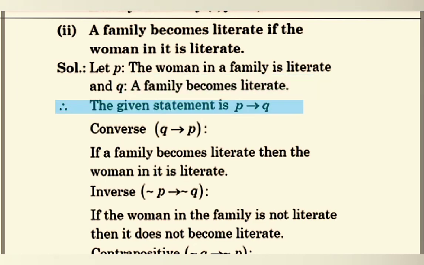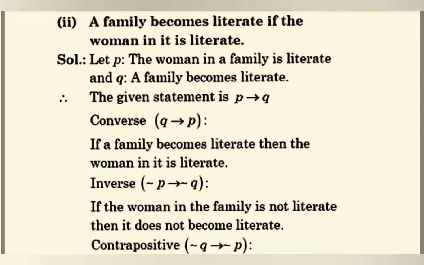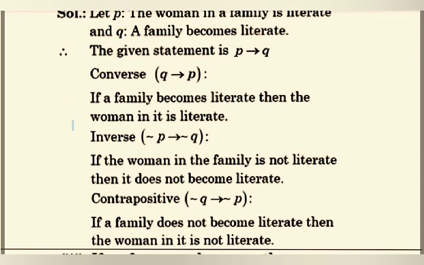Since the given statement is P implies Q, the converse is Q implies P. If Q statement, a family becomes literate, then P statement, the woman in it is literate. This is the converse.